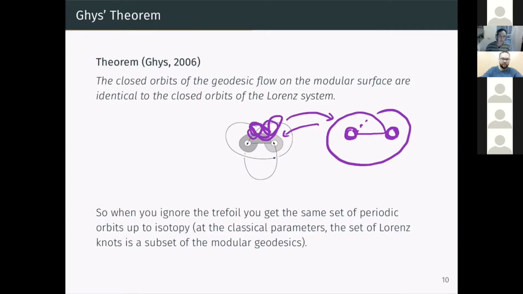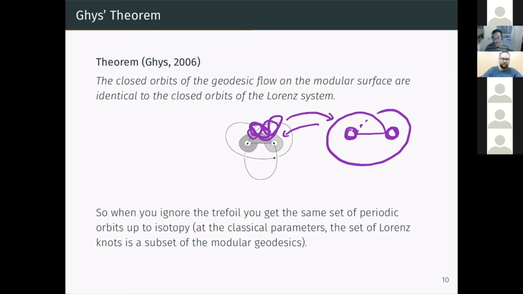Because in the classical parameters, there's a certain leading sequence, the tips of the triangles are not at the edge of the rectangle, then you get only some subset of periodic orbits at the classical parameters.